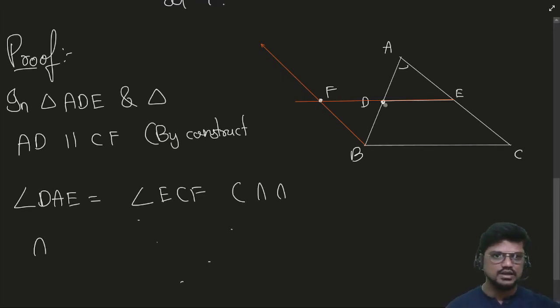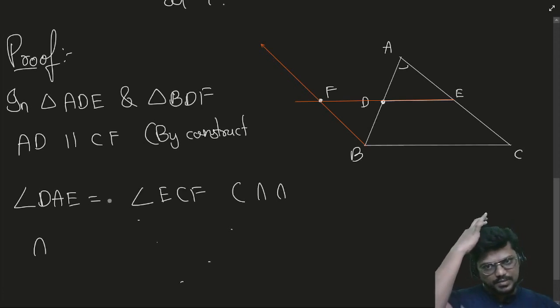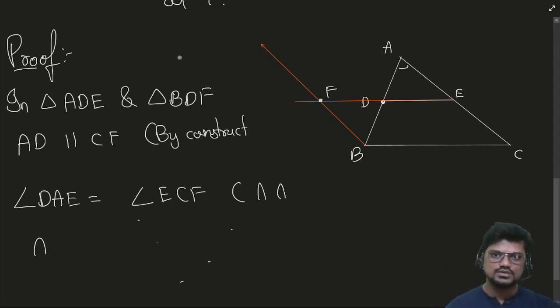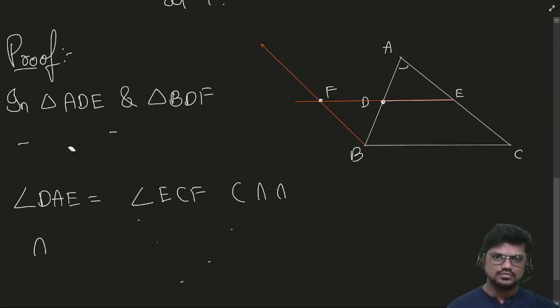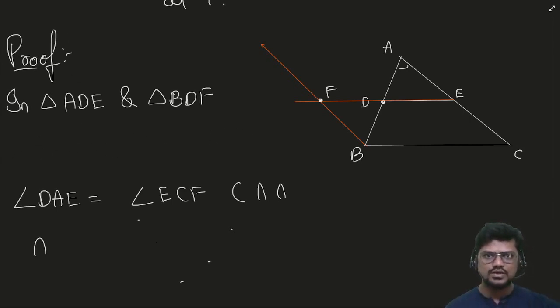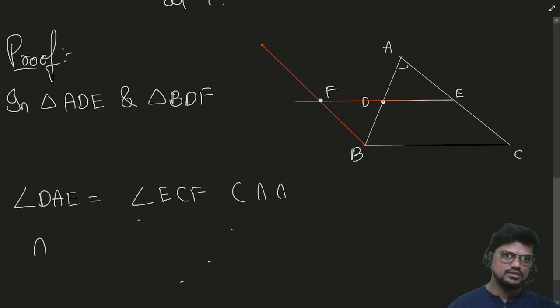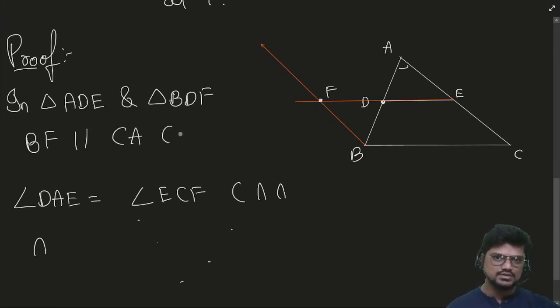If it is triangle ADE, it should be BDF. Over here, what do we know? BF is parallel to CA by construction.